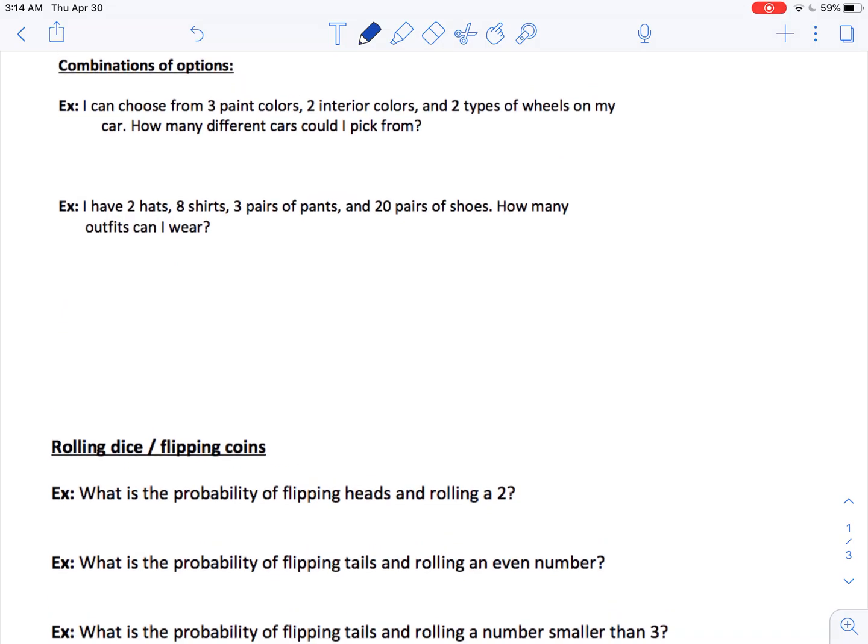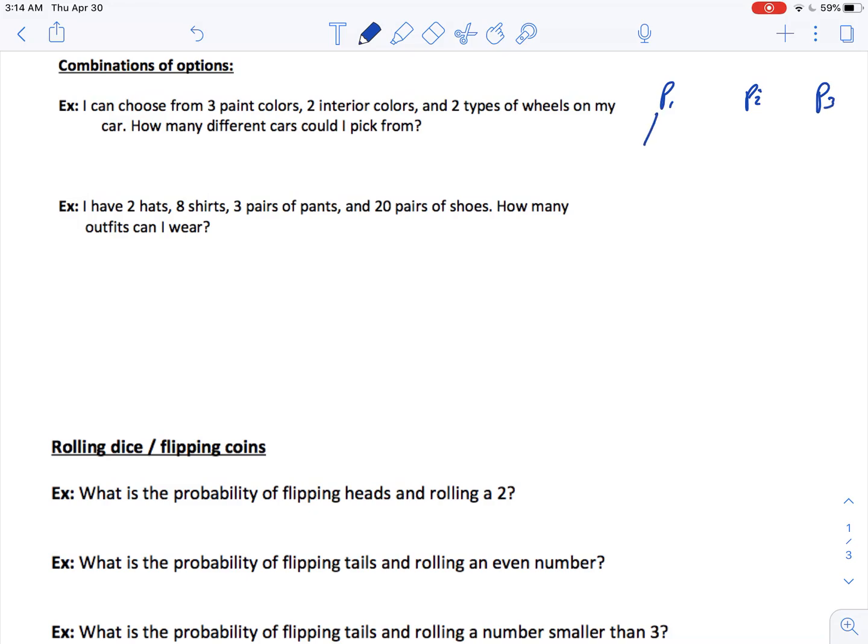But what I really want to focus on today is combinations. So we'll start with combinations. If I can choose from 3 paint colors, so paint 1, paint 2, paint 3, and with each paint color, I can have 2 interior colors.